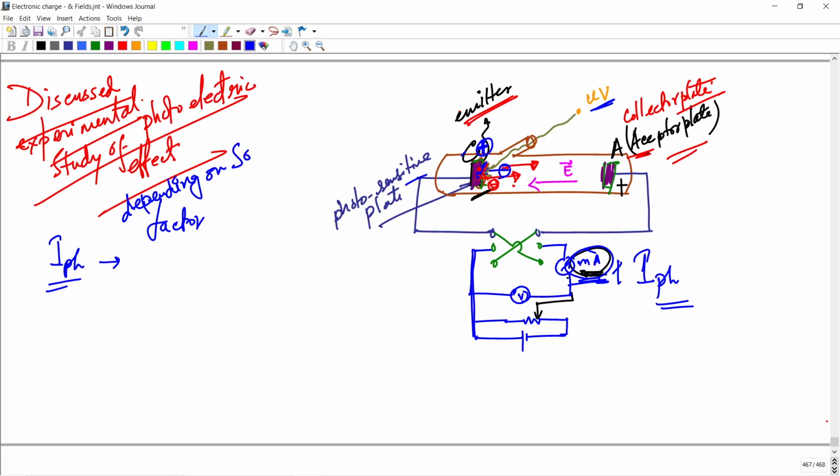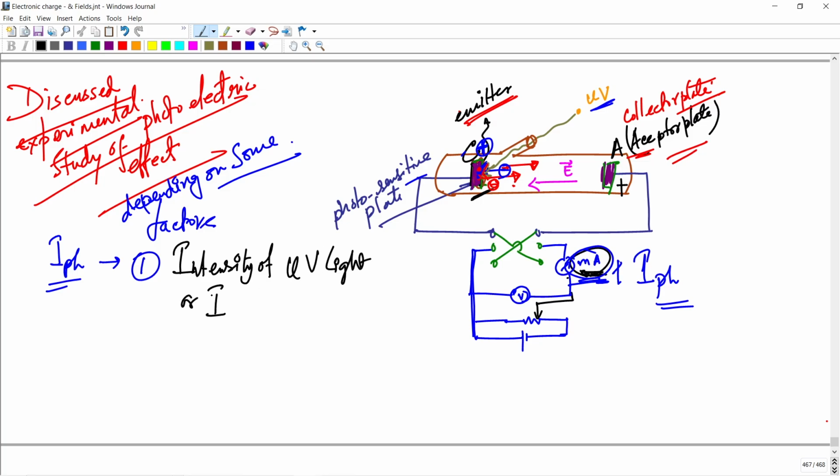The first factor is the intensity of the UV light or incident radiation. The second factor is the frequency of the incident radiation.